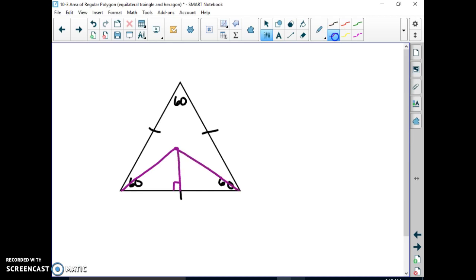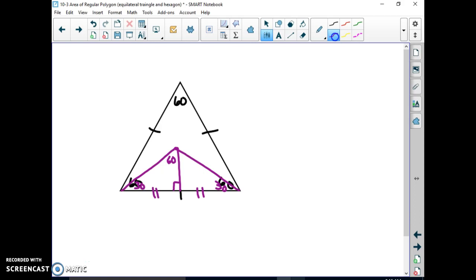Again, my apothem will bisect this side, and my radii bisect these angles. So this angle's 30, this angle's 30, so that makes this 60 up here. So again, I have a 30, 60, 90 triangle. 30, 60, 90 triangles will only show up in a hexagon and an equilateral triangle. If we have other shapes, we'll have different types of triangles then.